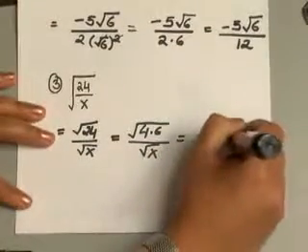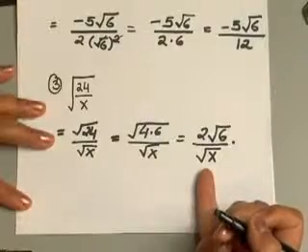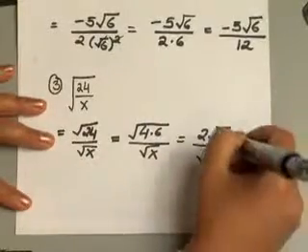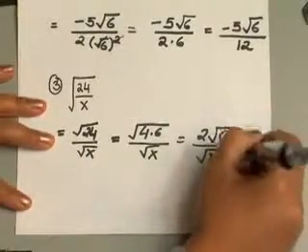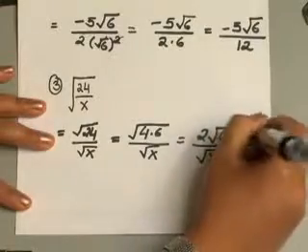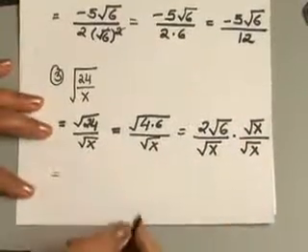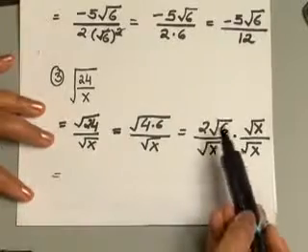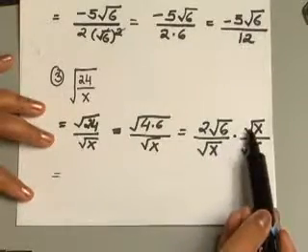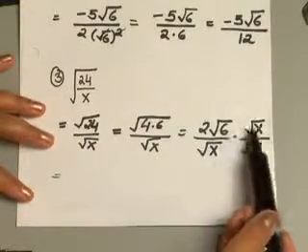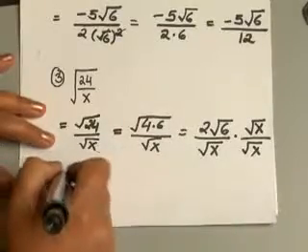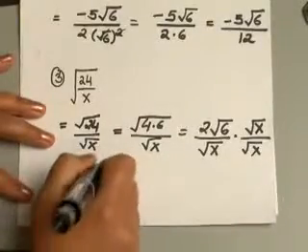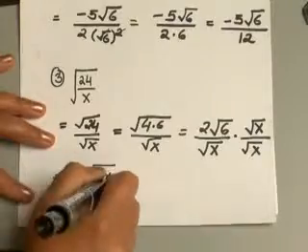And how do we do that? By multiplying by your radical in the denominator. So we go ahead and multiply our whole expression by square root of x. And on the numerator, since they have the same index, you can multiply the 6 and the x, and that will give you 2 times square root of 6x.